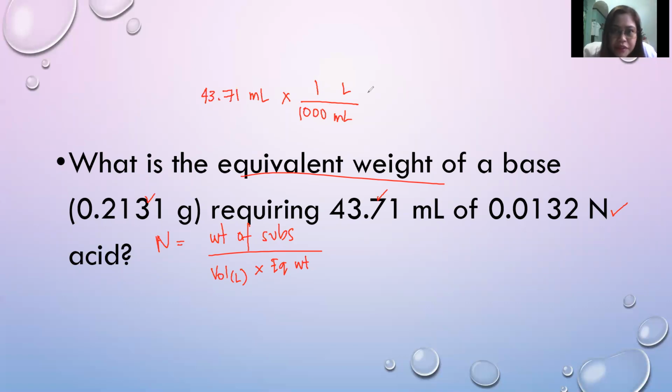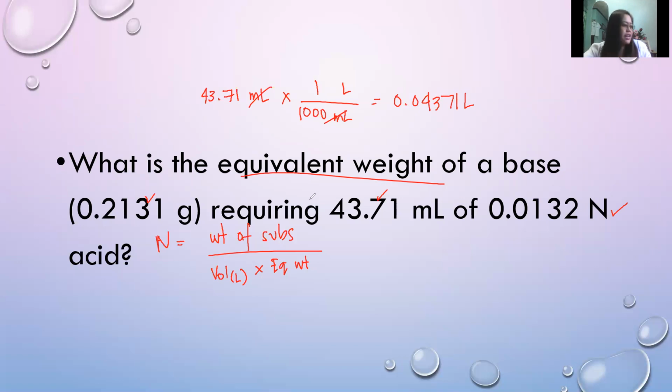Okay, so ml cancels. 43.71 divided by 1,000 is 0.04371 liters.